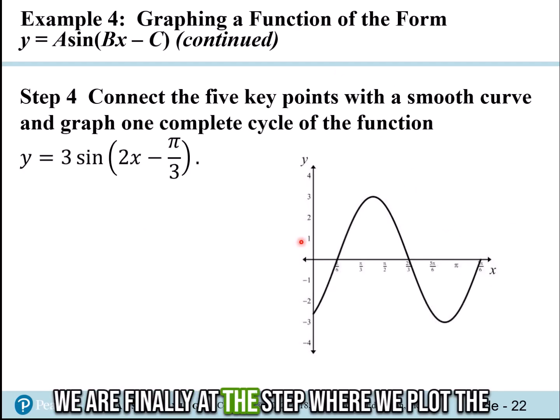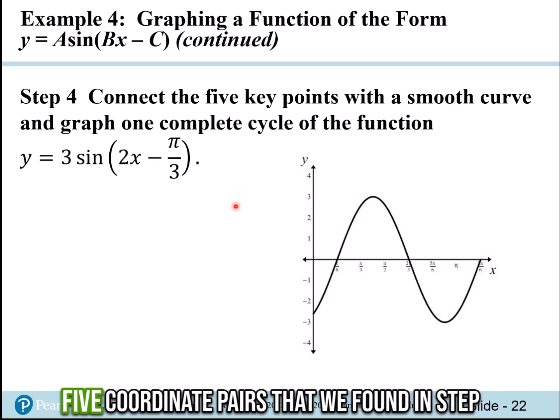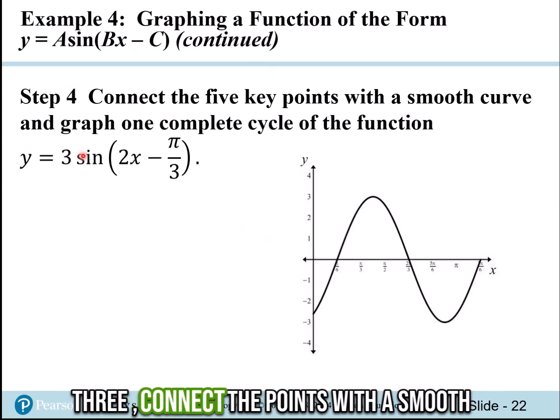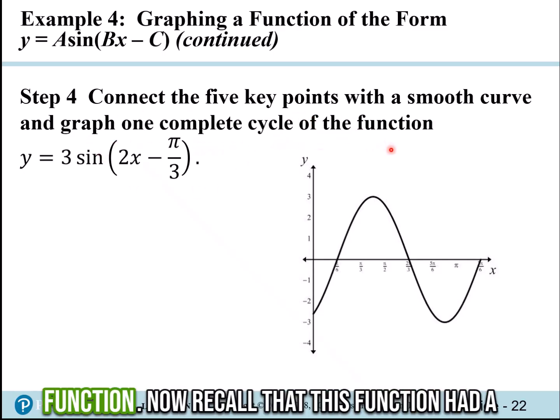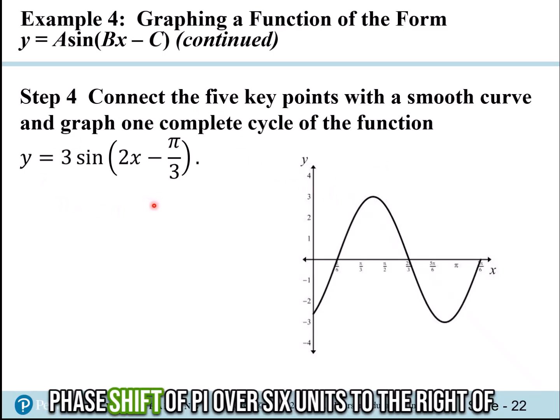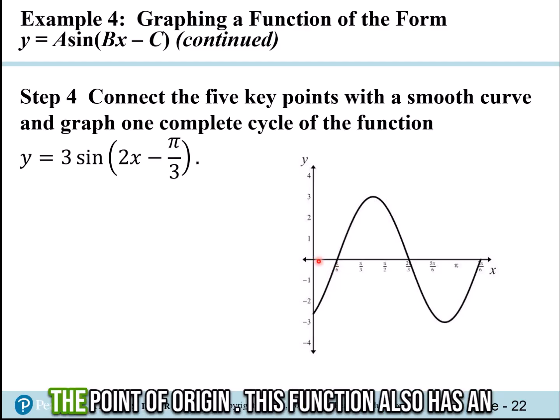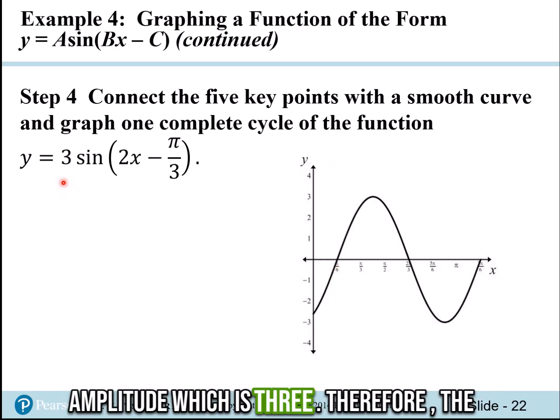We are finally at the step where we plot the 5 coordinate pairs that we found in step 3. Connect the points with a smooth curve and graph one complete cycle of the function. Now recall that this function had a phase shift of pi over 6 units to the right of the point of origin. This function also has an amplitude which is 3.